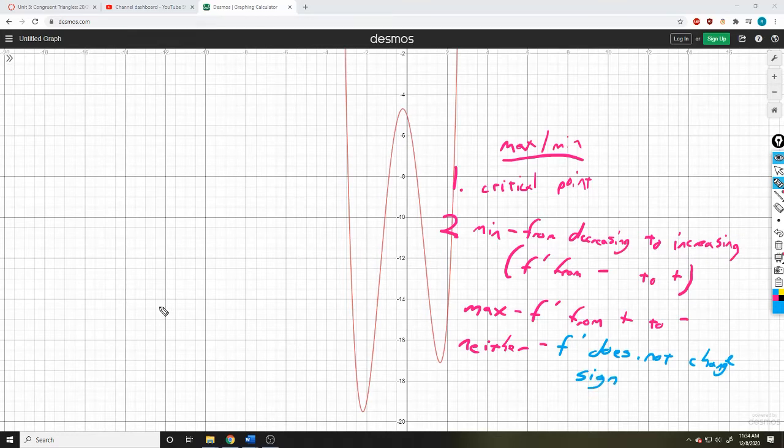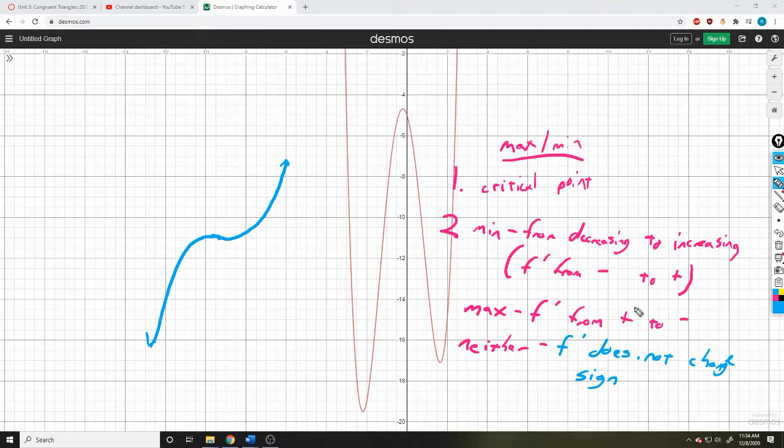Which could happen. If you think of like a cubic function, some of those functions go up, they hit this horizontal tangent, and then instead of dipping down at all, it just continues going up. If we're increasing and then we hit that horizontal tangent and then we keep increasing, then we don't have a max or min. And so we could have neither.